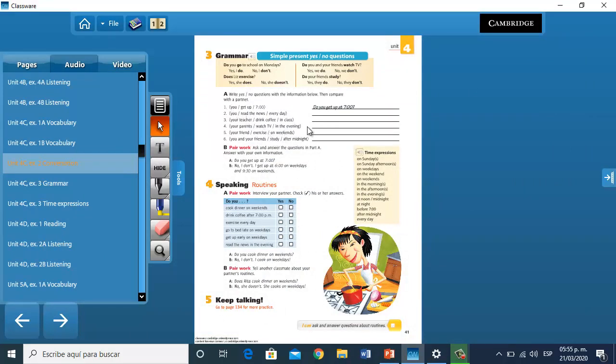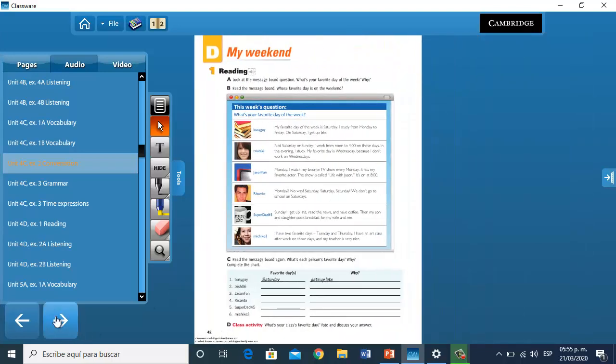Those of you that stayed in the previous class had a chance to make this exercise, but I want you to please try to make it by yourself using the slides and this video that I'm making for you. And then go to page 42, My Weekend. Here we have the reading exercise of every unit, as you remember.